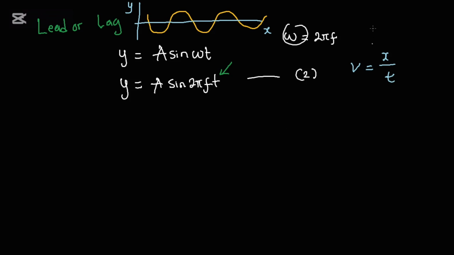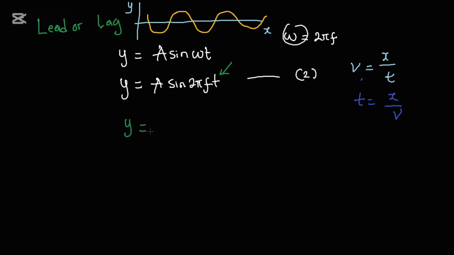Now we make time the subject of the formula. So if we make time the subject of the formula, you have x over v. So we're going to segregate this time here and account for a lead or a lag, and that's exactly what I'm going to do.